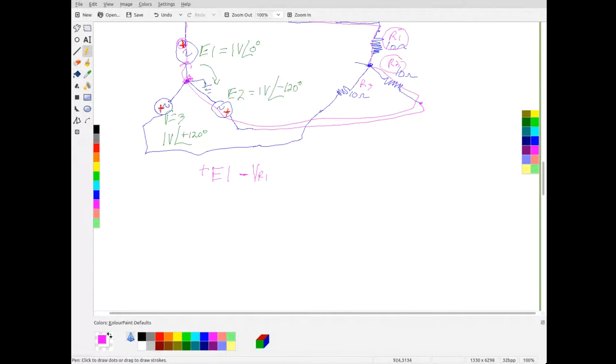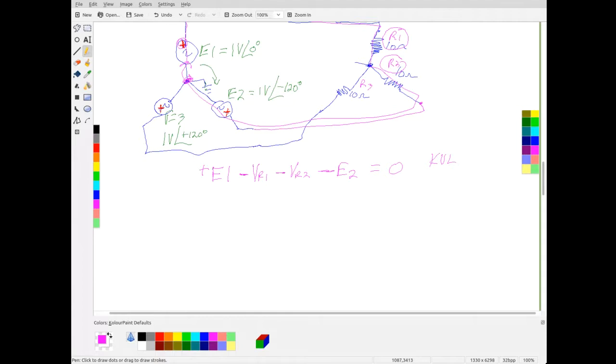Then a voltage drop here, a minus VR2. Then we come through here, going into the plus and coming out of the minus of E2, so that's minus E2 equal to 0. And this again is just Kirchhoff's voltage law.